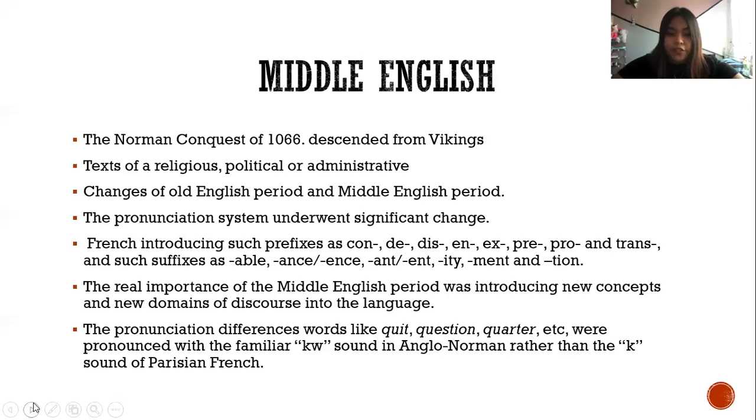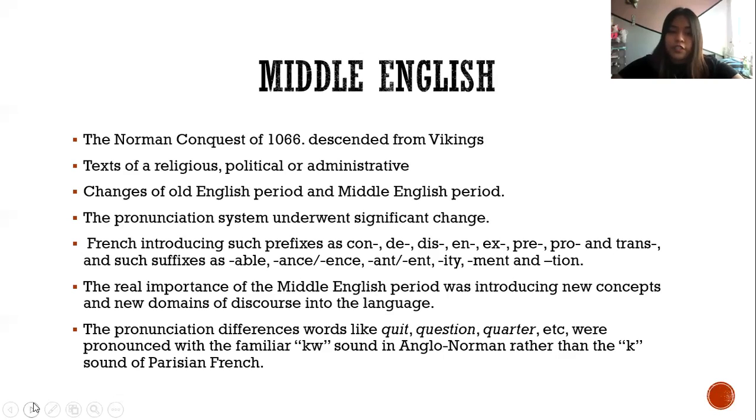William crushed the opposition with a brutal hand and deprived the Anglo-Saxon heirs of their property, distributing it to Normans who supported him. The conquering Normans were themselves descended from Vikings who had settled in northern France about 200 years before.